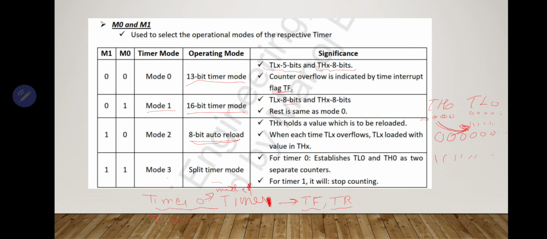They are working together as a counter. The first one is counting. It may work vice versa: if timer 1 works as the counter, then timer 0 looks after the TF flag and TR flag. So that's all about today's class, that is timers of 8051. Thank you.